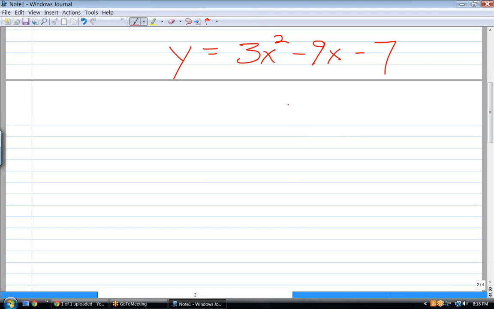So when I say vertex format, I mean this format, where h and k represent the vertex of this quadratic. Okay, so how do I begin?